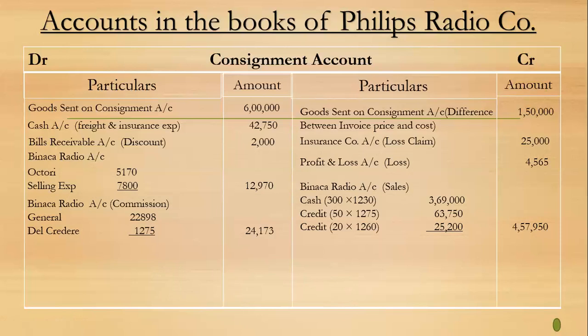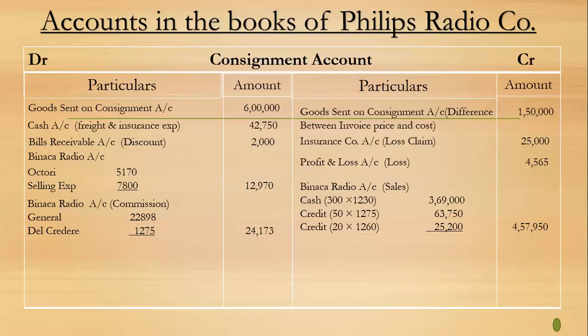Then it is said that 3,750 could not be recovered from Modi, but it is not our headache. It is not related to our consignment account because the consignee has already received the del credere commission. But Mr. Thakkar was declared insolvent and 80% of the amount was received.